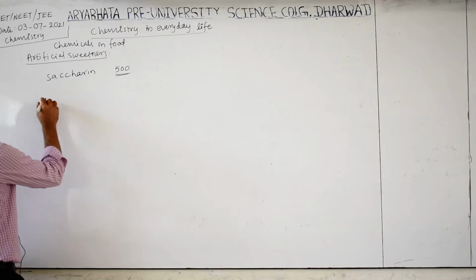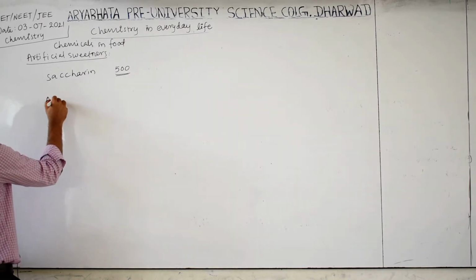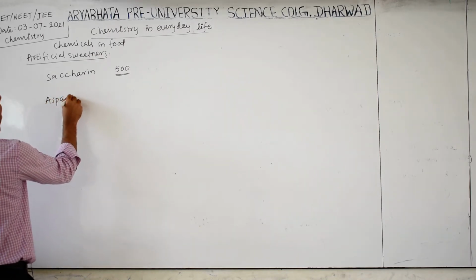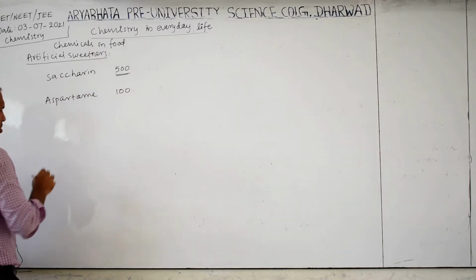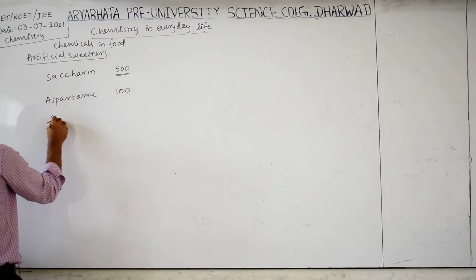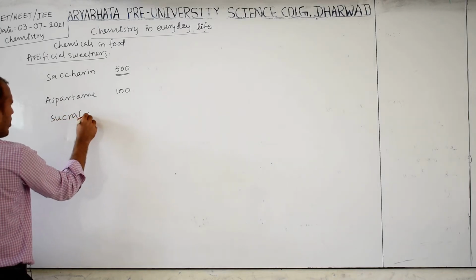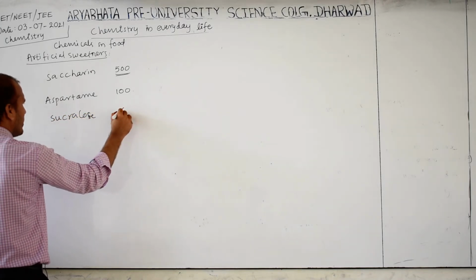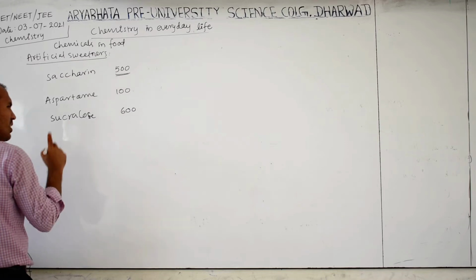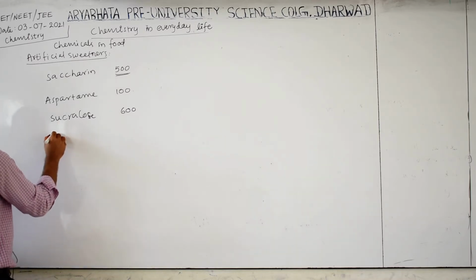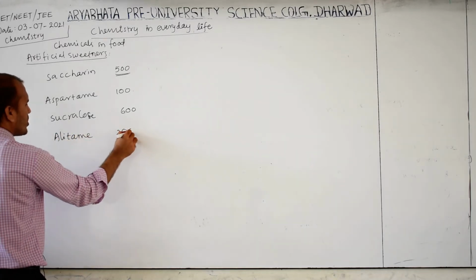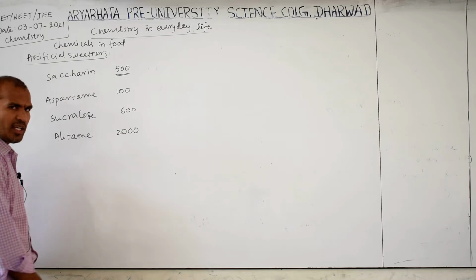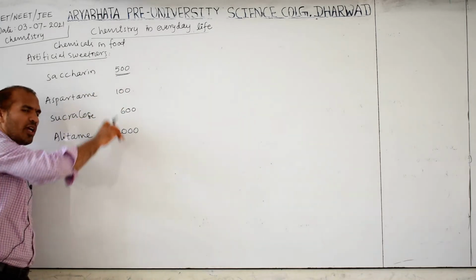Another one is alitame, which is nearly 2000 times sweeter than sugar. All these we have to remember.